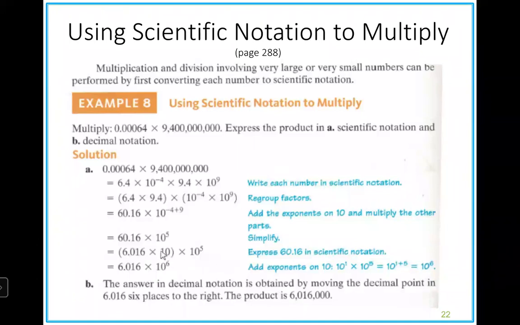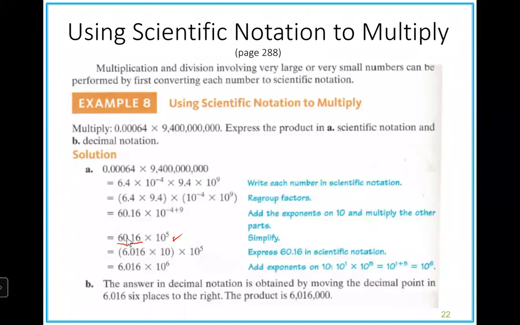The key thing that we didn't see before was right here, where you got an answer that looks like it's in scientific notation, but it's not quite, because this 60 is greater than 10. The first number for your scientific notation must always fall between 1 and 10. So you must always check when you multiply or divide to make sure this number is between 1 and 10.